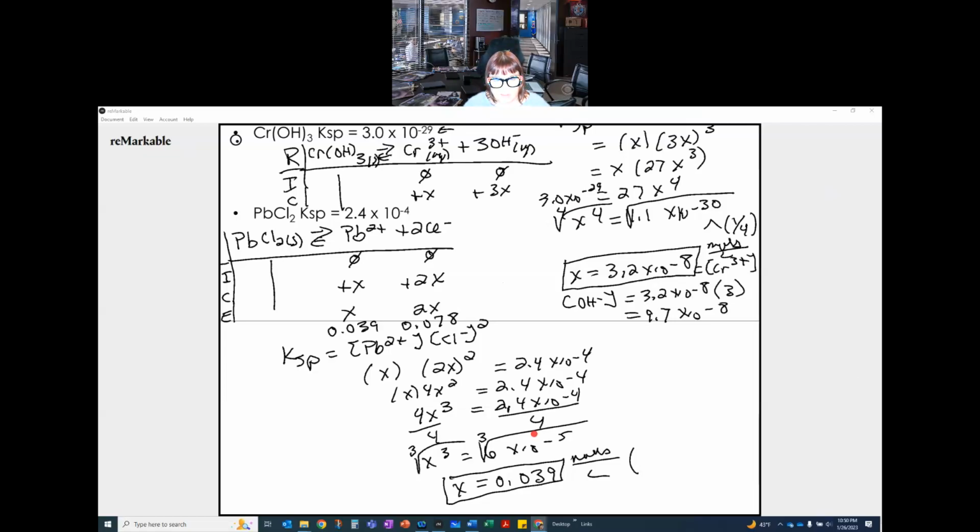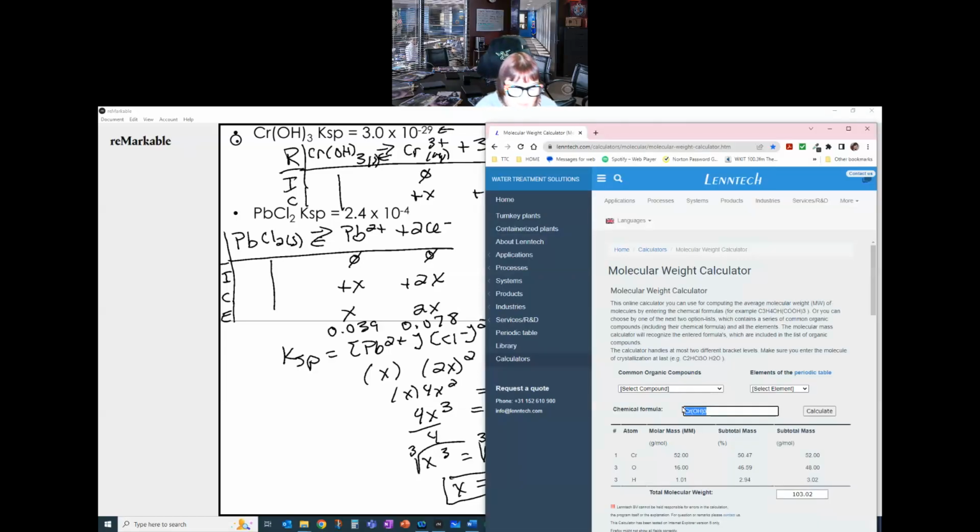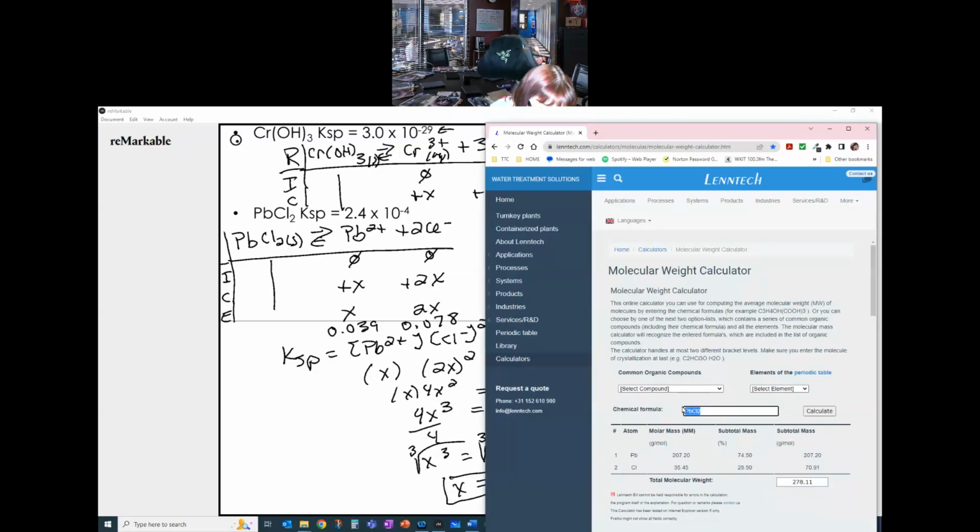PbCl2 is 278.11 grams per mole, and that gives me 10.89 grams per liter as my solubility in grams per liter.